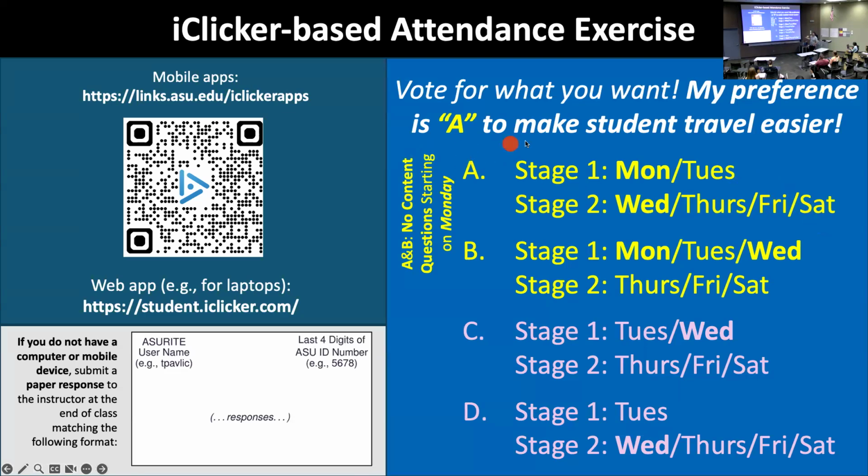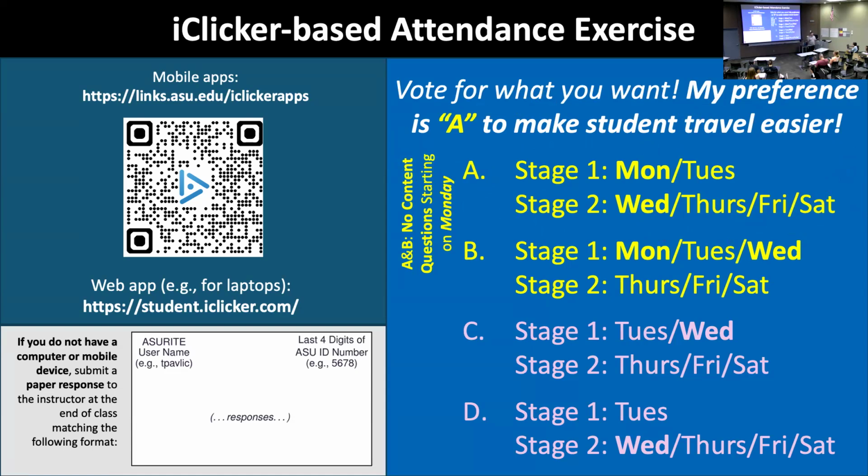And so the reason I recommend this one is that fall break's coming up, and there will be some of you who have travel plans at the end of this week. Not all of you, but some of you. And some of you might have put your travel plans in the middle of Thursday. That's just how it worked out. And so this option here will allow those people a little bit more flexibility to get their two stages done before they leave town so they don't have to worry about it.